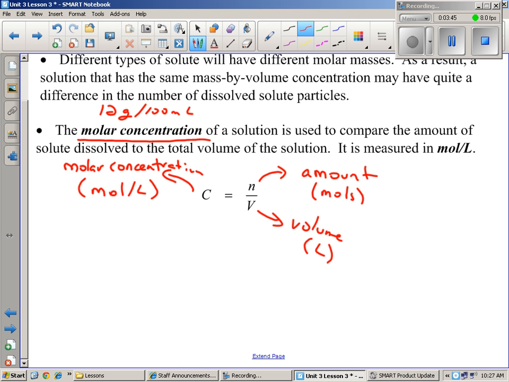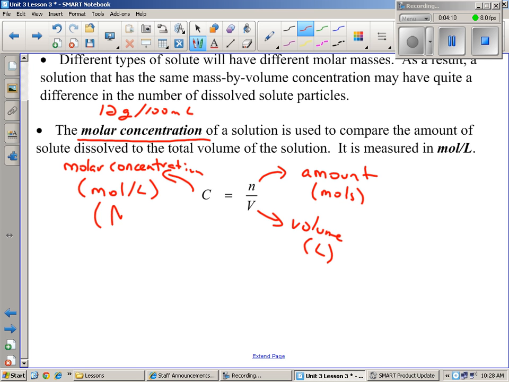There are other terms that you will hear besides molar concentration or moles per liter. You will sometimes hear, and especially later on I'm going to refer to them more as, molar solutions. It's just another term for this, so instead of saying molar concentration, we sometimes say molar.